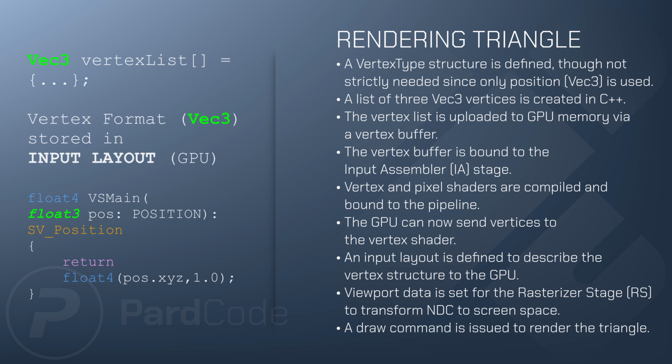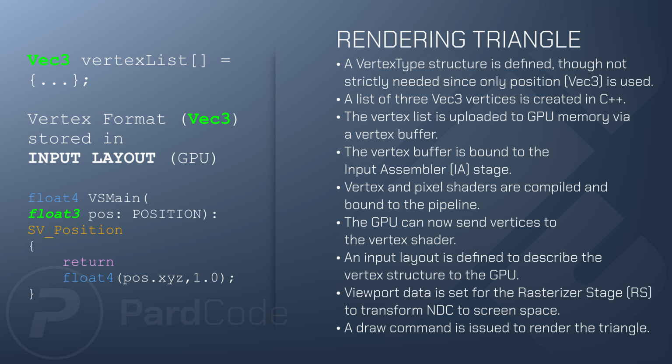Next, we need to provide the graphics API and the GPU with the necessary information about the format and the structure of the vertex data in the buffer. We do this by creating the input layout. The input layout is essentially a map that tells the GPU how to read the vertex buffer and convert it into meaningful attributes that the shader can use.